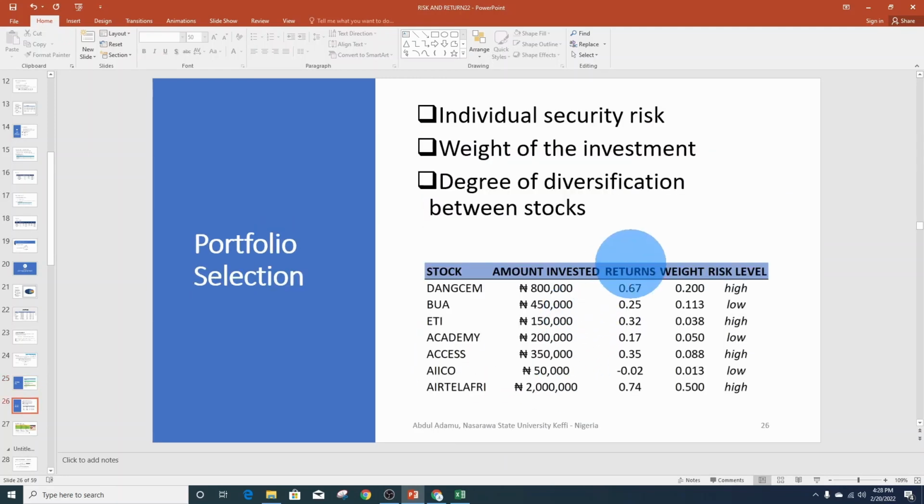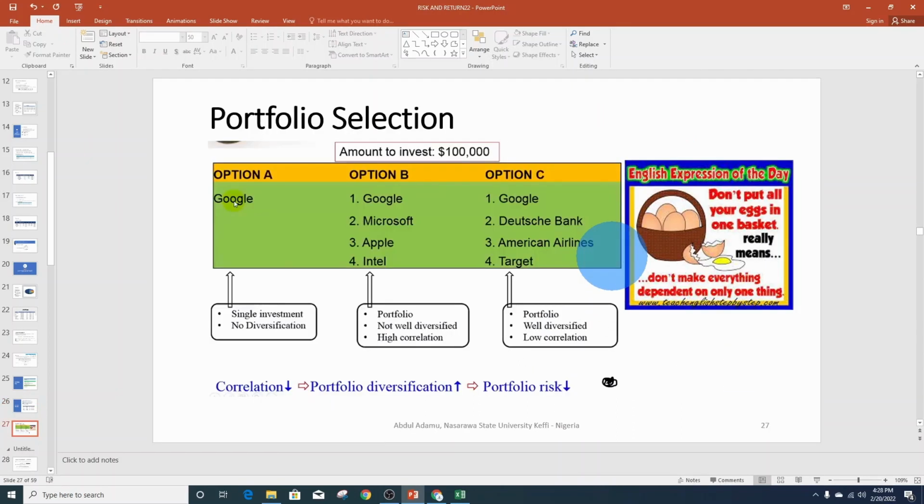So for selecting a portfolio, those three factors are very, very key: the individual risk of the security, the weight of the investment, and the degree of diversification between the stocks.